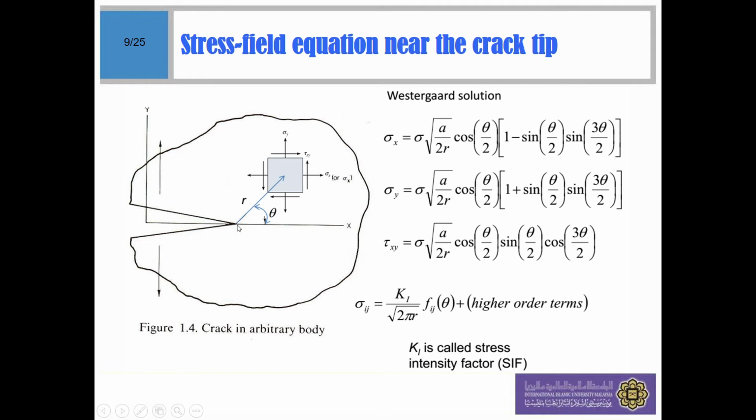Okay, near to the crack tip means that at the edge of the crack, in this case here, I can measure the radius r to any position on this plate. And then I can measure the angle with respect to the x plane.